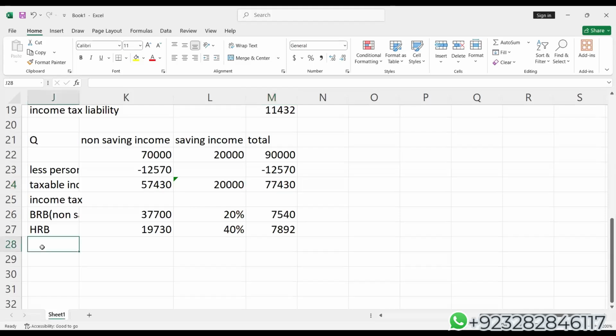It means nil rate band, and we are talking about saving income.